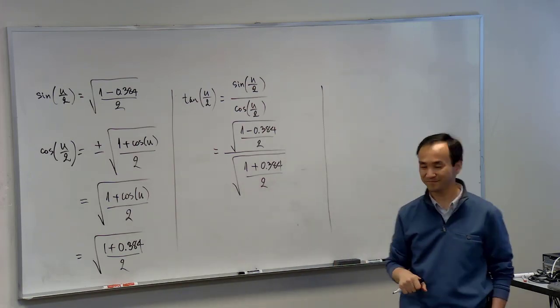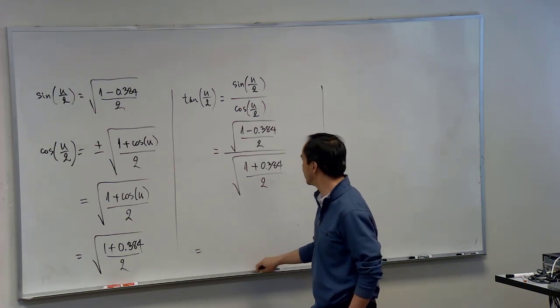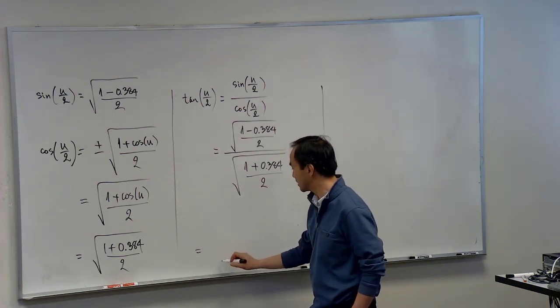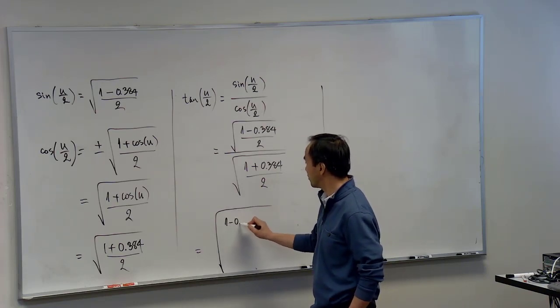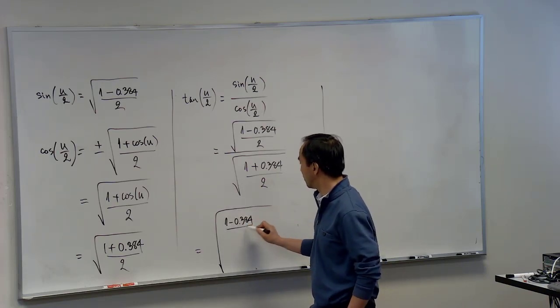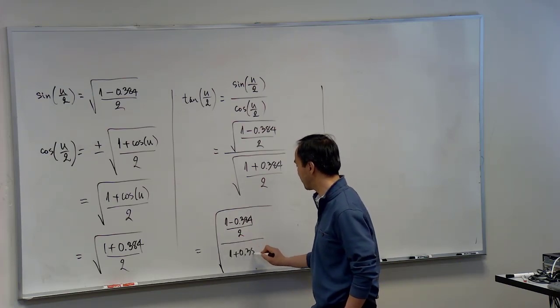Good still? And so we can put that in one fraction, in one square root here. So we got 1 minus 0.384 over 2 and over 1 plus 0.384 over 2.